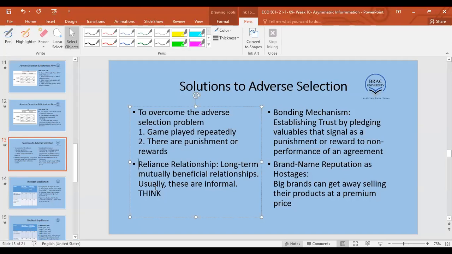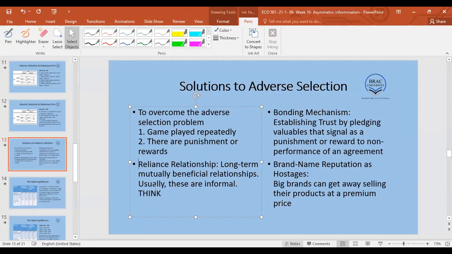Mr. Kazi, you are a good shopper, right? And you have your specific buyers and sellers from whom you buy, right? Isn't this a reliance relationship? The seller also likes you, and to some extent you also like the seller.